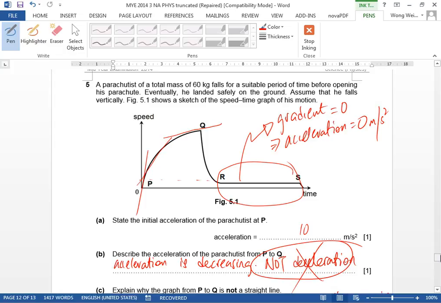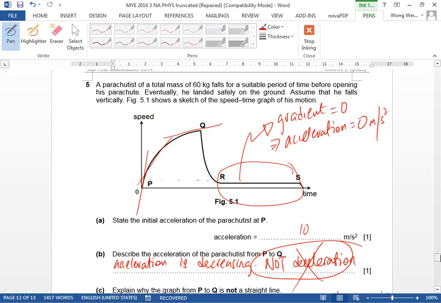Harif already concluded that the resultant force is 0. That means, what can you tell me about the magnitude of air resistance and the magnitude of weight? Zafir, what can you tell me?